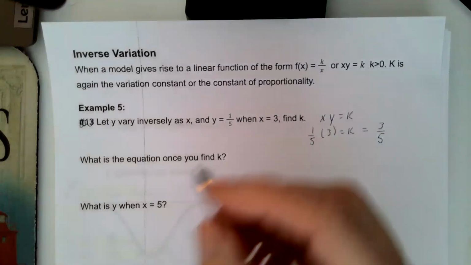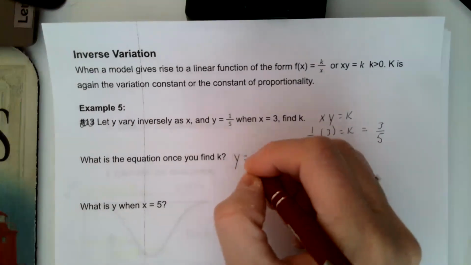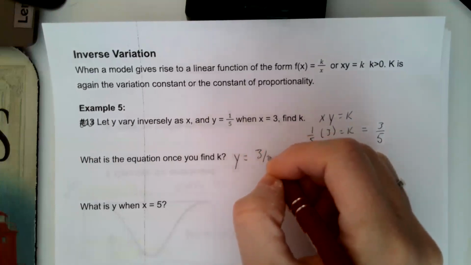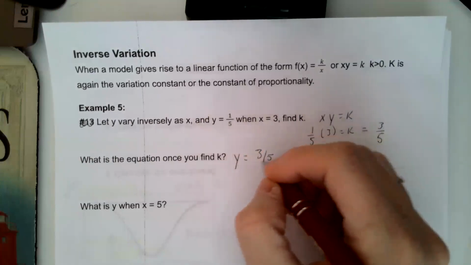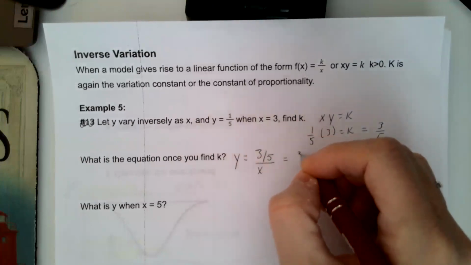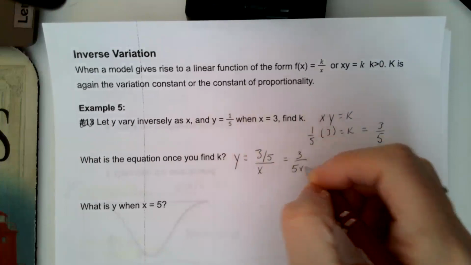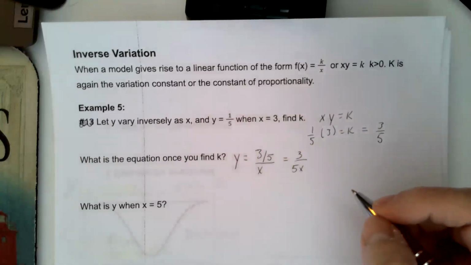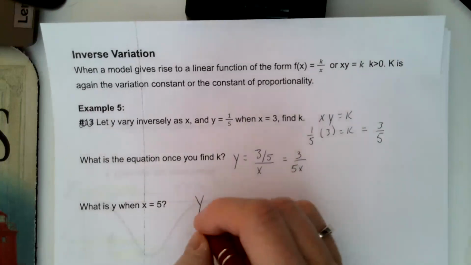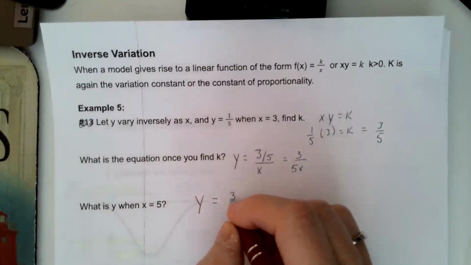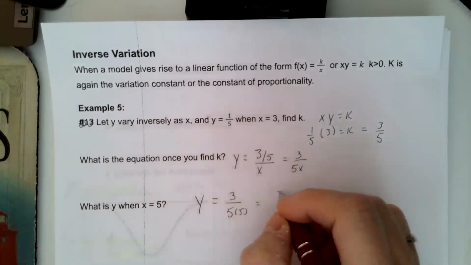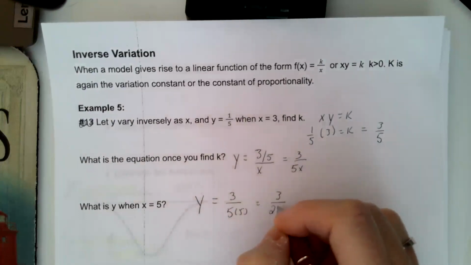Okay, so my equation is y equals 3/5 divided by x, or 3 over 5x. It says, what is y when x equals 5? So y equals 3 over 5 times 5, or 3 over 25.